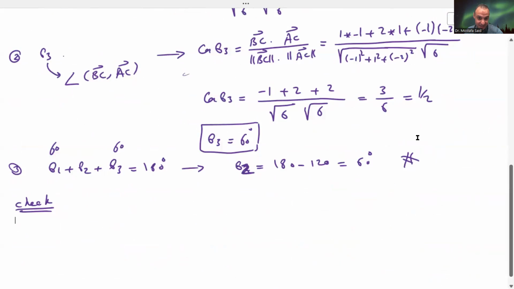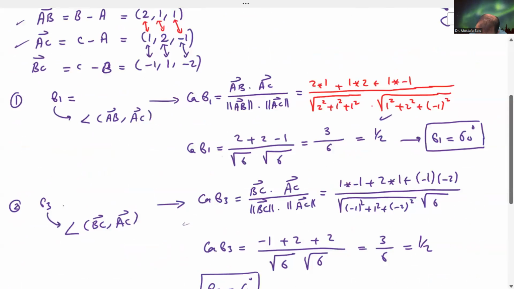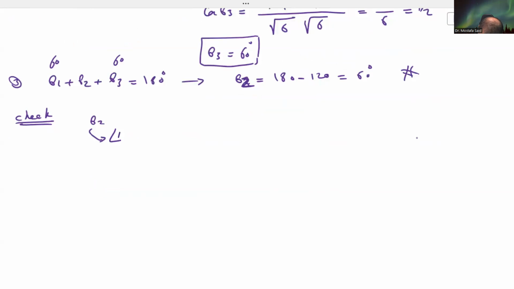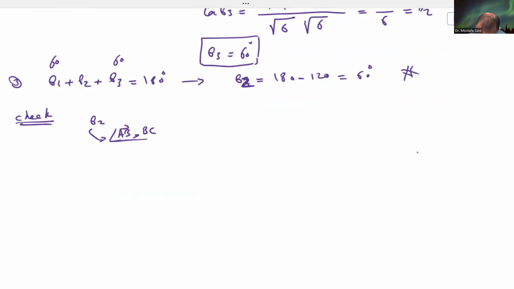That's a trick. That's why I did this video. So theta 2 is between AB and BC. So cosine theta 2 is equal to AB dot BC divided by AB magnitude, BC magnitude.